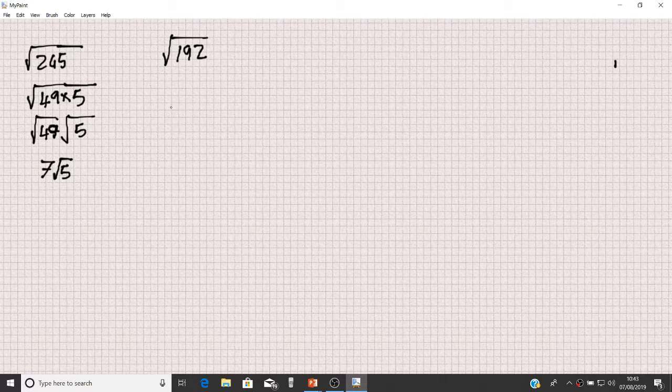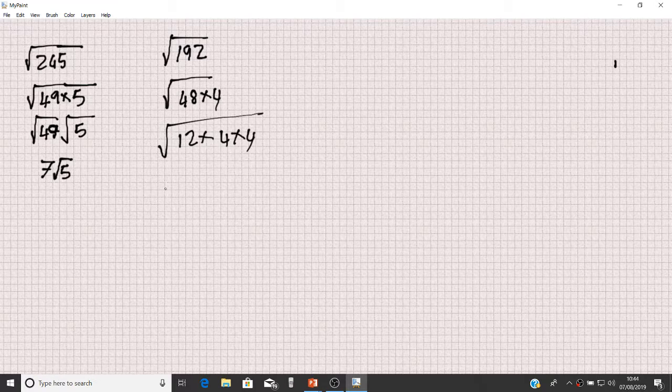We could do the tedious way of keep dividing by 2, but maybe I'll take a shortcut and divide it by 4 first. That gives 48 times 4. And then if I divide down again by 4, it will give me 12. So we'll go square root of 12 times 4 times 4.